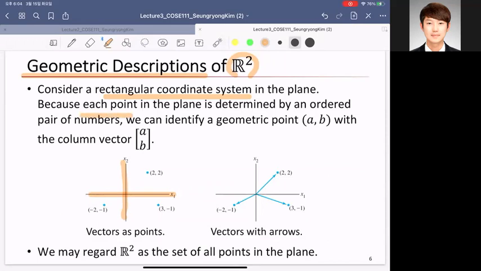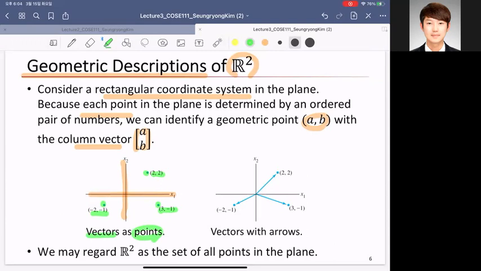Because each point in the plane is determined by an ordered pair of numbers, we can identify the geometric point (a, b) with the column vector (a, b). For example, we can represent a vector as a point in a rectangular coordinate system. For example, like this, and this: (2, 2), (3, 1), (3, -1), (2, -1), like this.